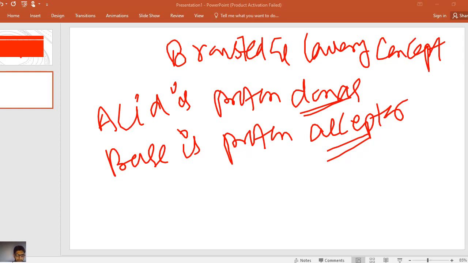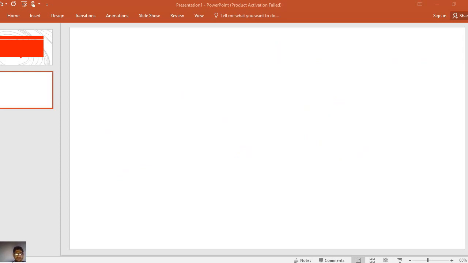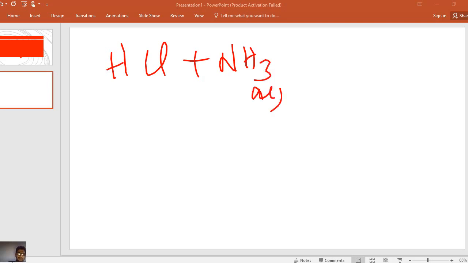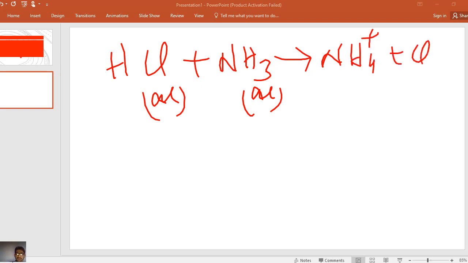For example, if we dissolve ammonia in HCl, it will form ammonium ion plus Cl- in solution.